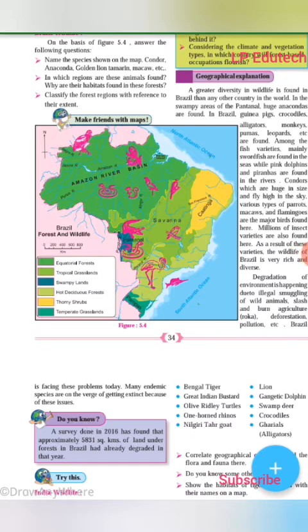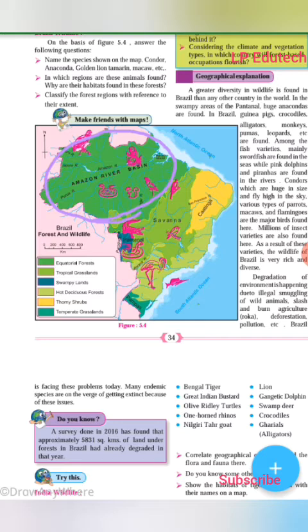So the very beginning is condor, anaconda, golden tamarin, cockatoo, squirrel. All these animals are easily found in the region of the equatorial forest. It receives heavy rainfall, and it is the Amazon river basin area, the northern part of Brazil.